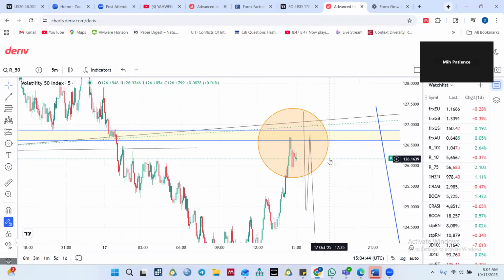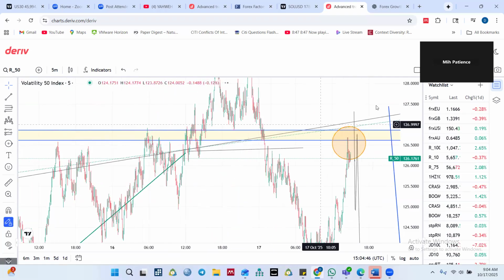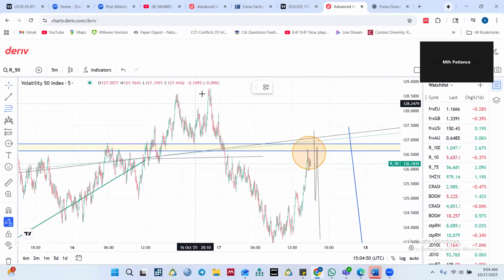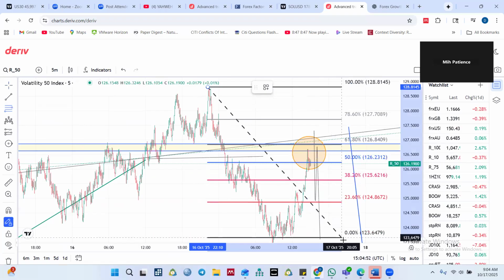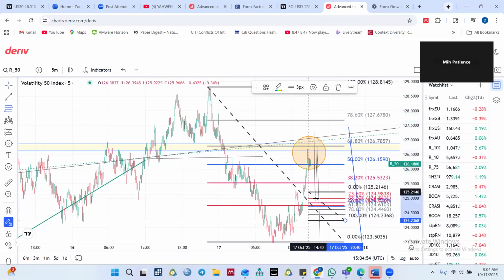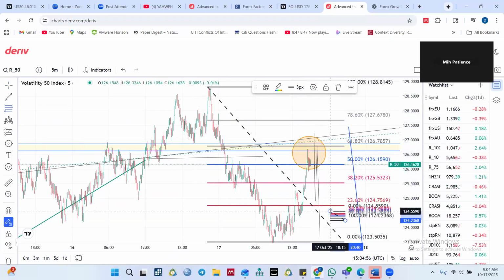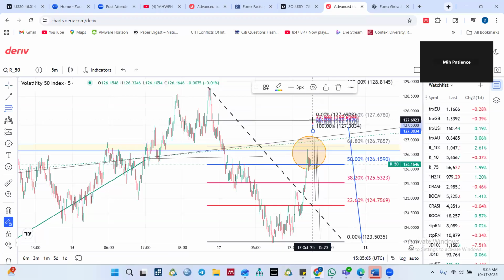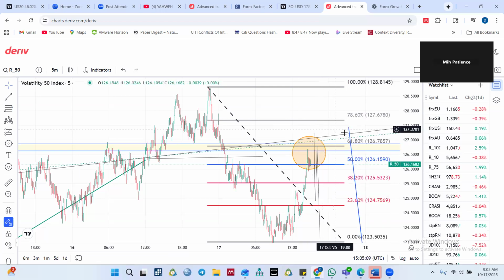Two, price should be inside the premium zone. We are now at 61.8%, so it might move more above to 78, somewhere here. That must happen. We must see price somewhere here.